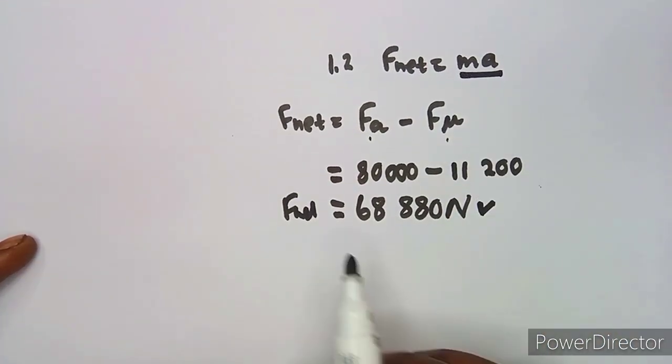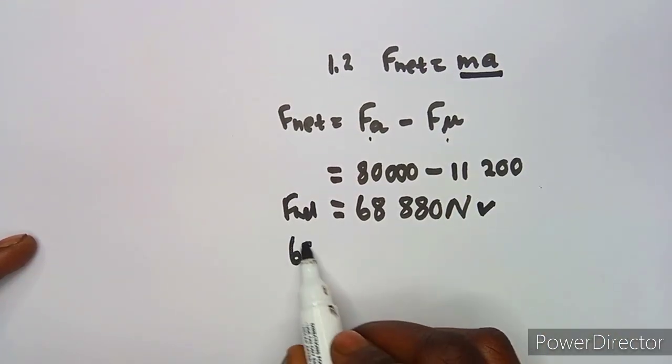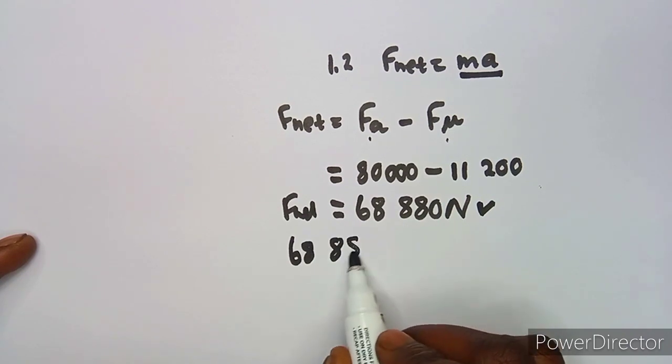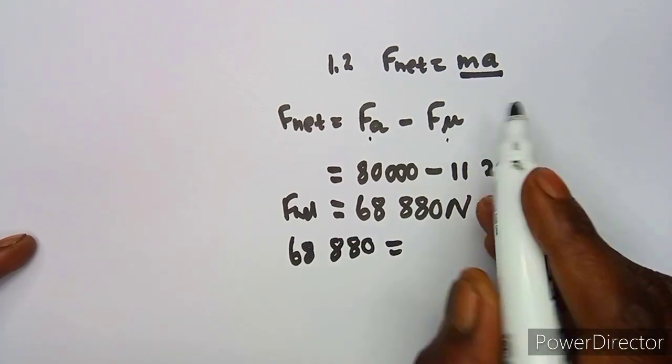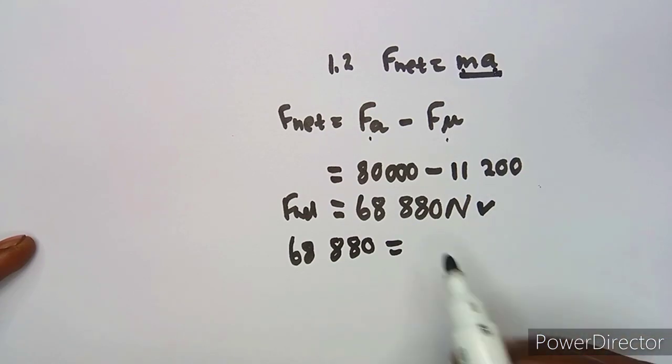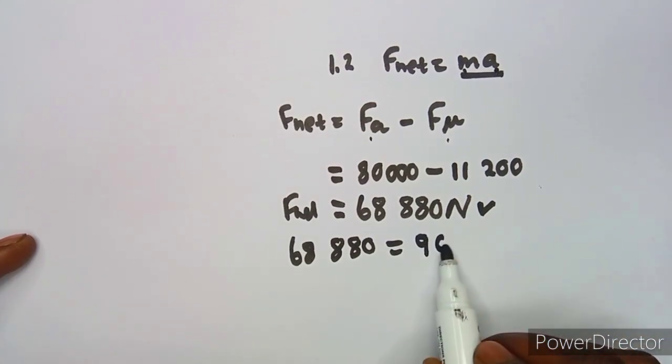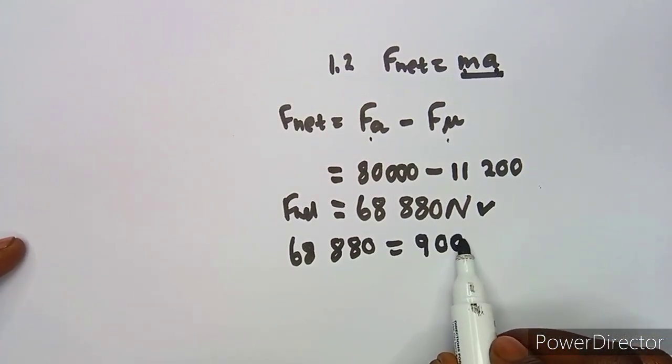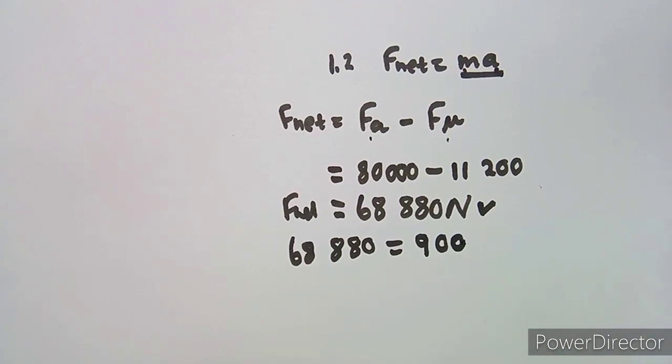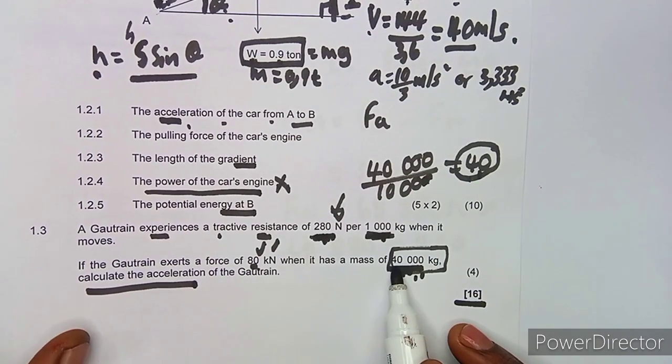So this is your F net, which is equivalent to MA. So you can take advantage of that to say 68,800 is equivalent to MA. Our mass is not going to change, is it, guys? I'm still using the mass from the previous question. The mass of the train is 40,000.